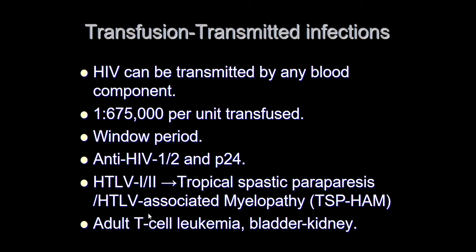Sometimes HTLV associated myelopathy, also TSP HAM, could be associated with these types of viruses. And also patients that have what we call adult T cell leukemias, they could develop it, and gallbladder and kidneys could be affected.